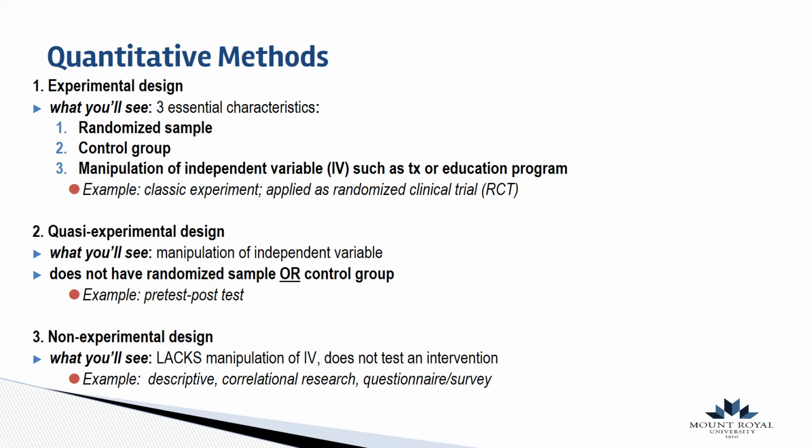And what I'll say is quasi-experimental design is quite common in healthcare, because sometimes it's unethical to withhold a treatment from a group of individuals, especially if it's considered the standard of care. And so often we might lean toward quasi-experimental design.